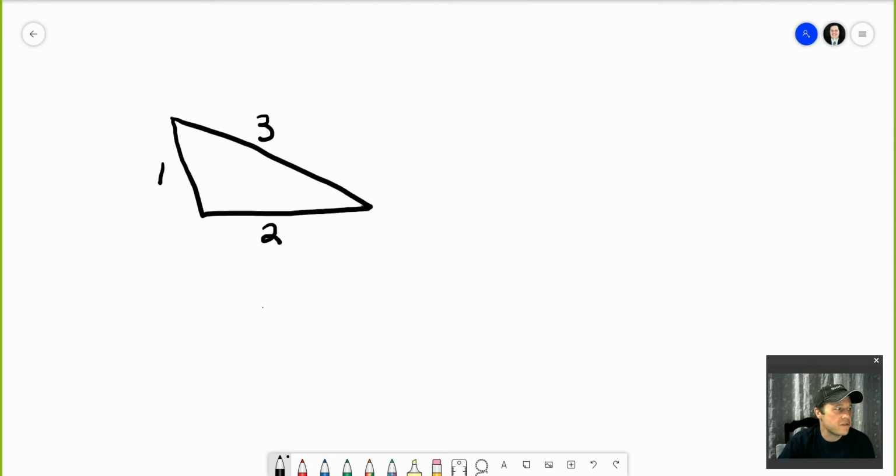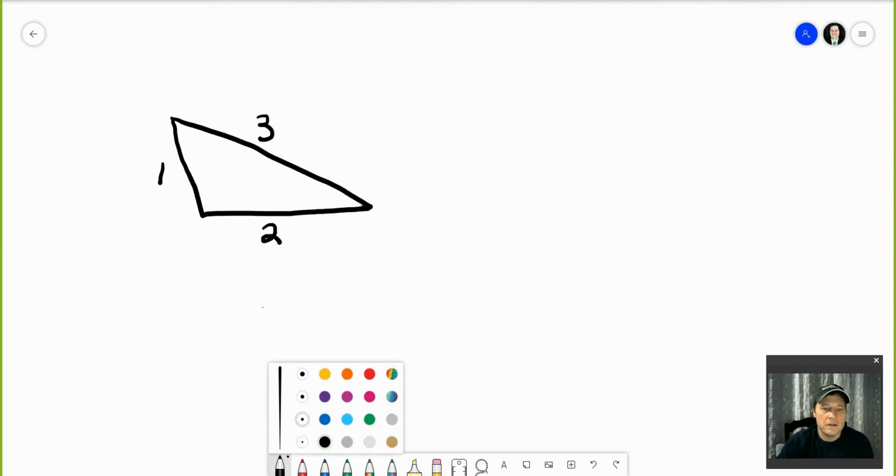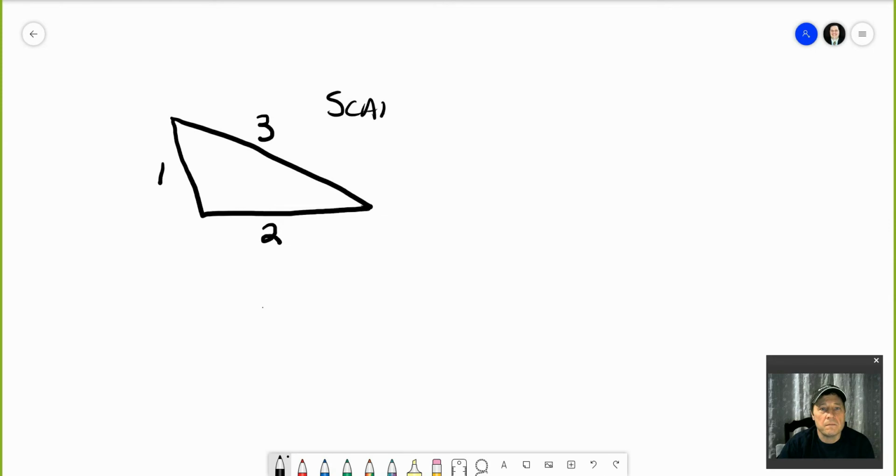So this is our scalene. The other one is very important when it comes to having to solve math equations.